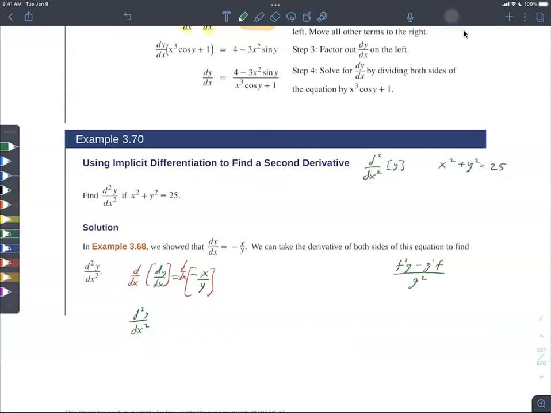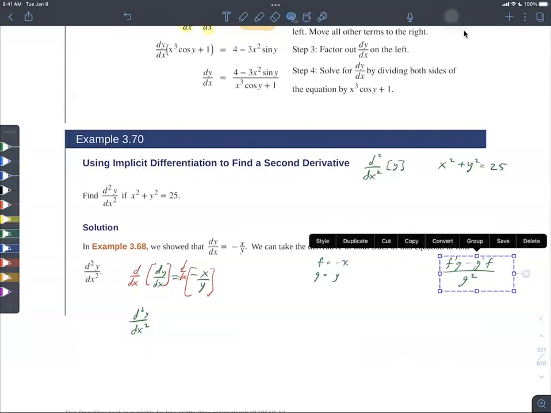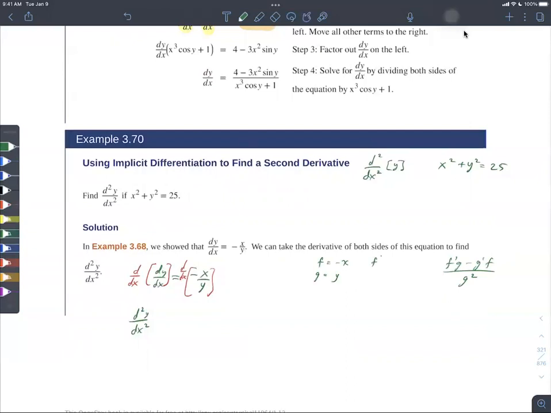The top function, the numerator, we'll say is negative x. The denominator, call it g for right now, is y. So f prime is equal to -1, and g prime is the derivative of y with respect to x, which is dy dx.